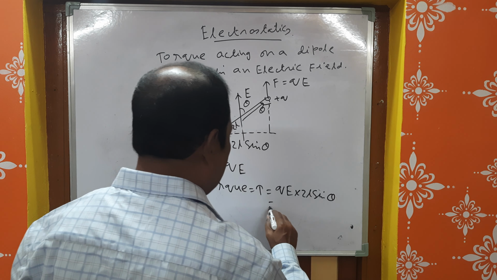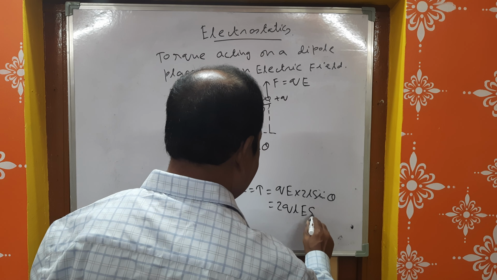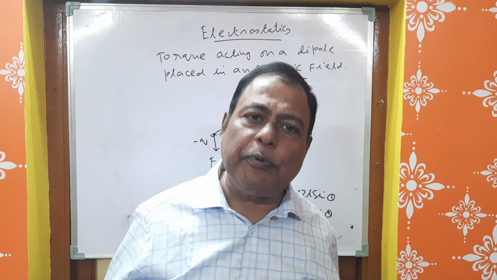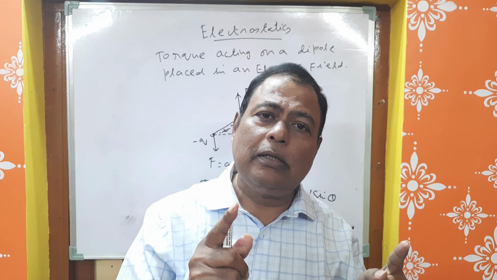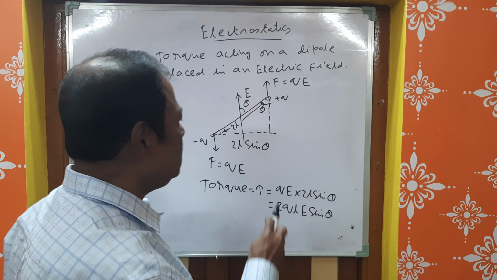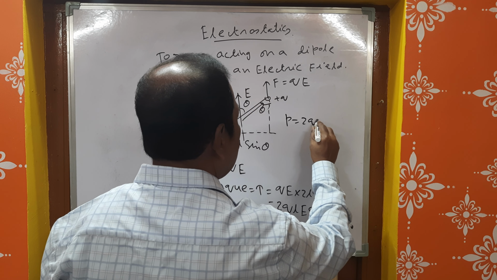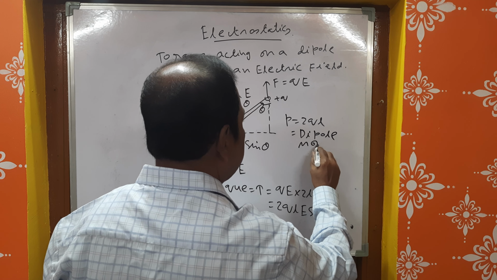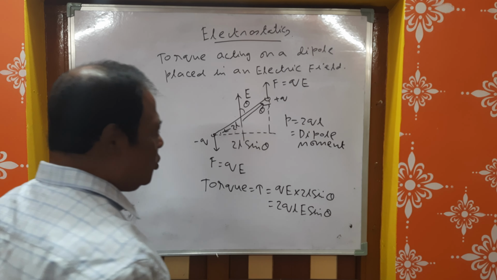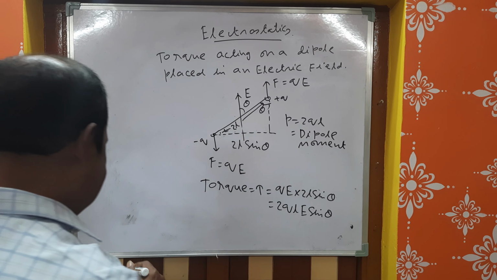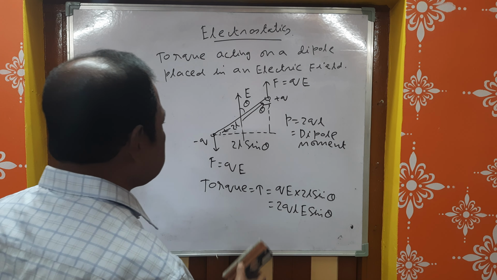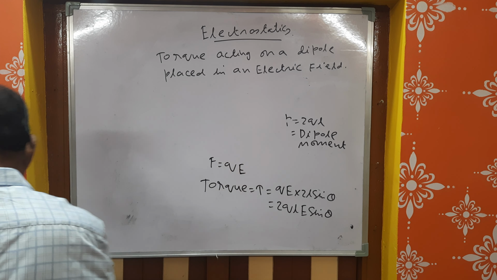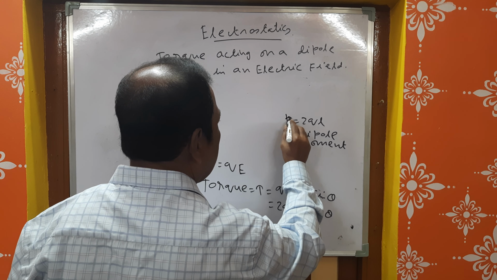You can write this in the form 2QlE sin theta. 2Ql means the dipole moment: the length of the dipole is 2l, and the charge is plus Q or minus Q. So if I write P is equal to 2Ql, that is called the dipole moment.